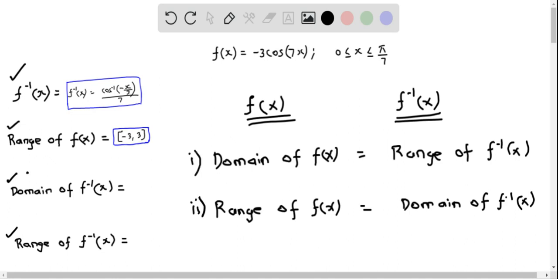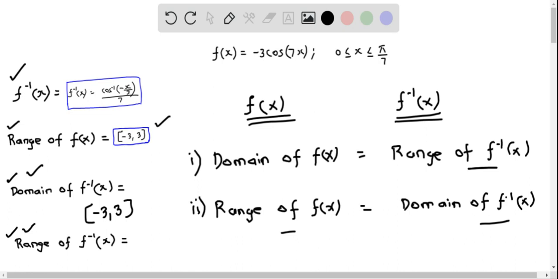Now to determine the domain of f inverse of x, we use property 2. The domain of f inverse of x equals the range of f of x, which we already determined. So the domain of f inverse of x is negative 3 to positive 3. Now let's determine the range of f inverse of x. For that we use property 1.